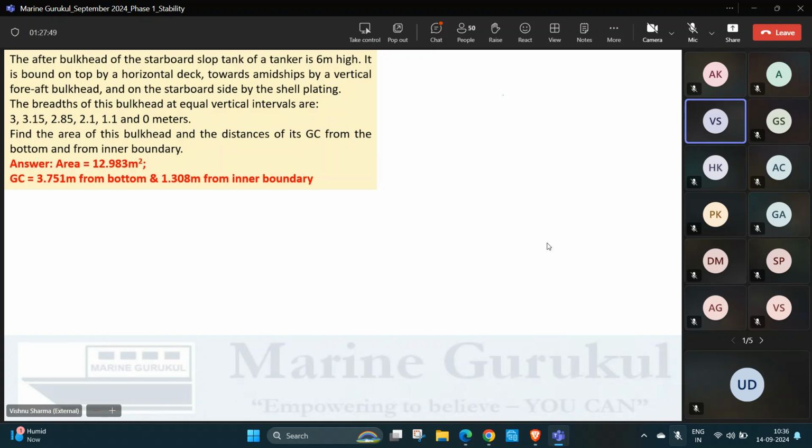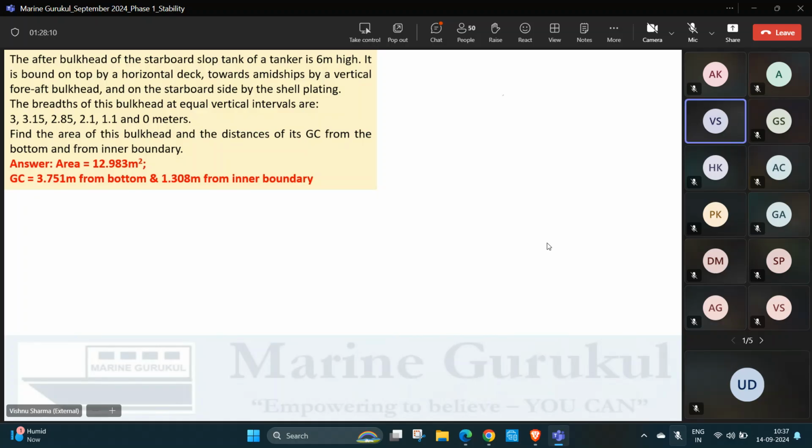The after bulkhead of a starboard slop tank of a tanker is 6 meters high. It is bound on top by a horizontal deck, towards midship by a vertical fore and aft bulkhead, and on starboard side by the shell plating.